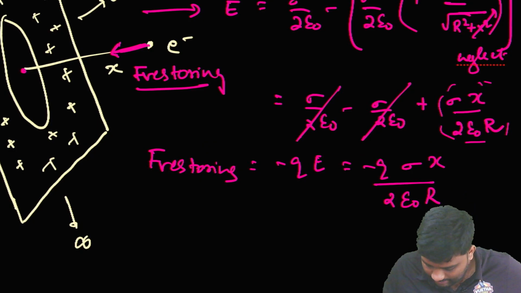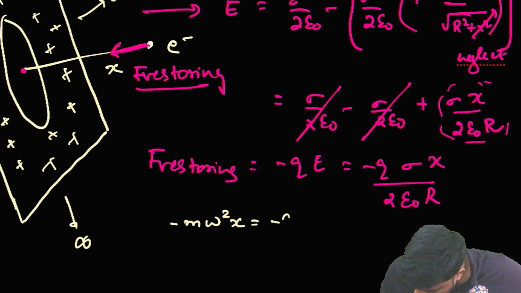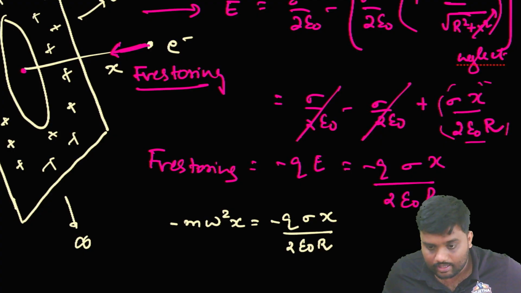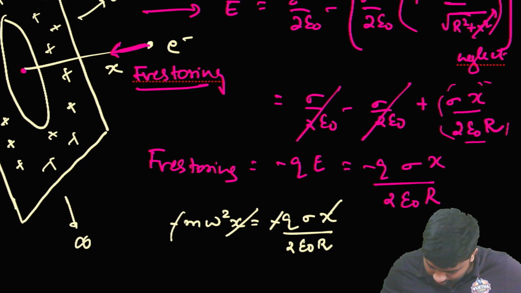Then I can easily put the value: minus m omega square x is equal to minus q sigma x upon 2 epsilon naught r. So x gets cancelled, minus gets cancelled.